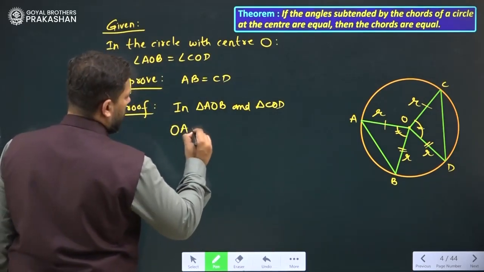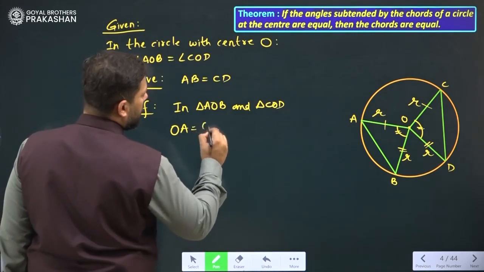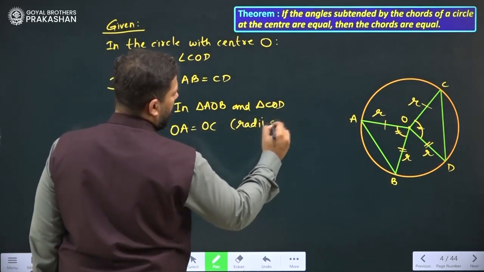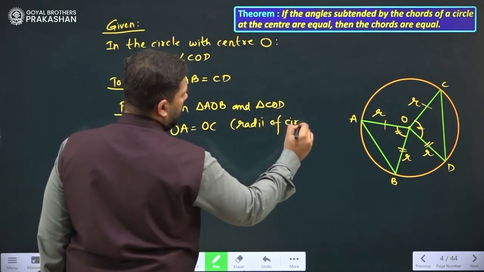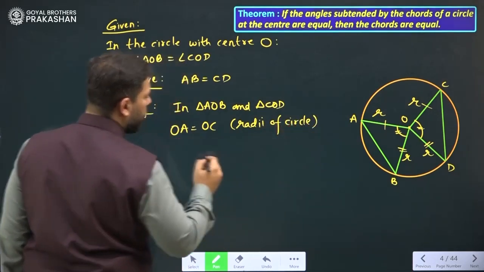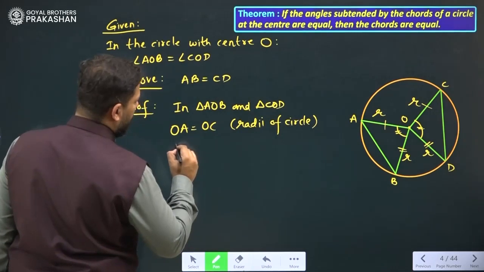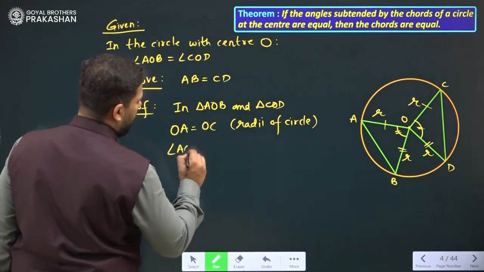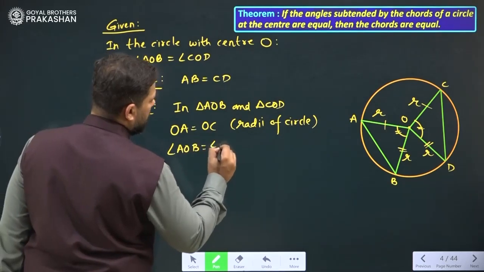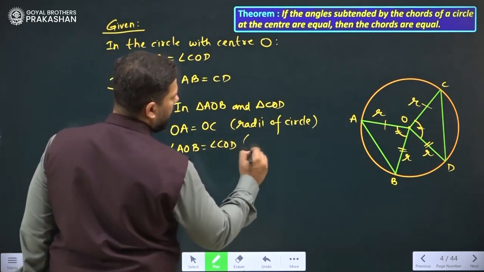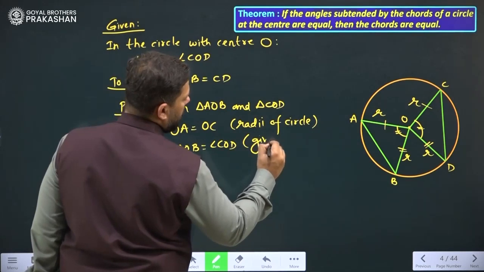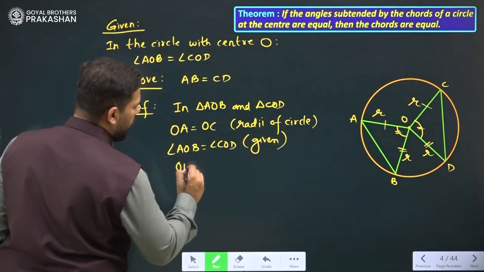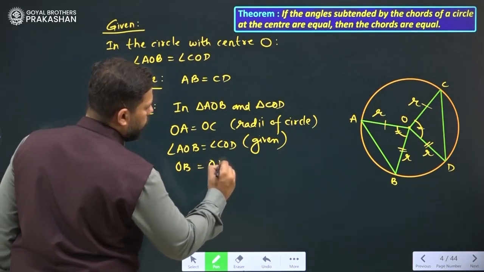OA is equal to OC. We will write for that, radii of circle. Radii is the plural of radius, right? Now moving ahead, this is the side, then the angle AOB is equal to angle COD. This information is already given to us. And at last we have OB equal to OD.